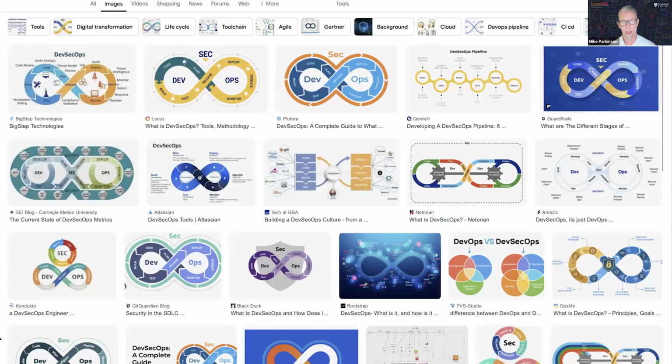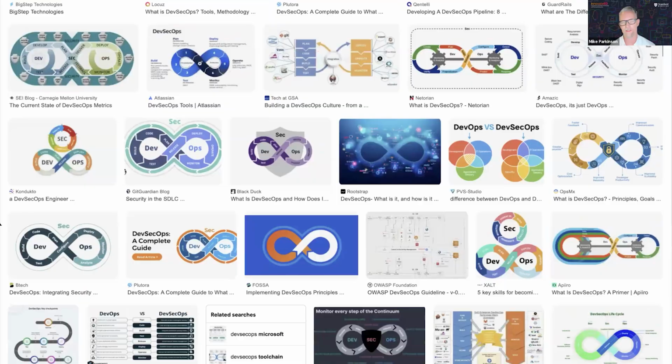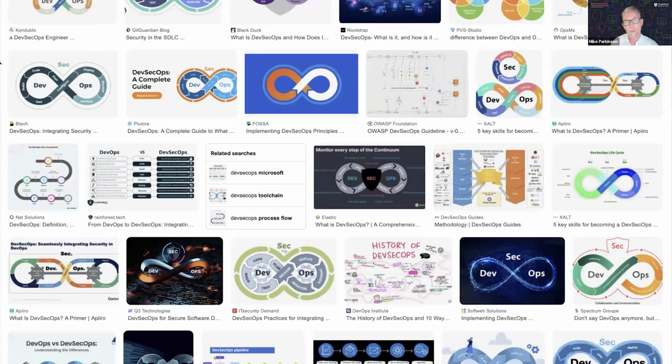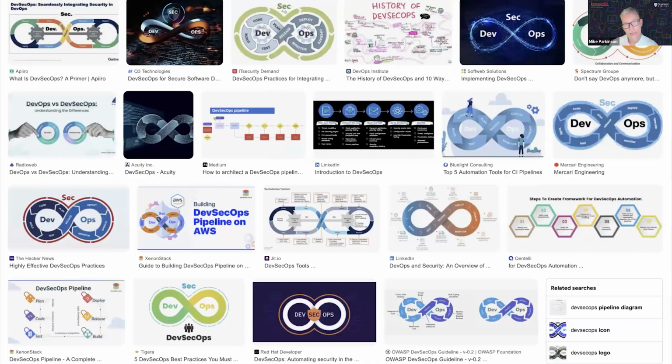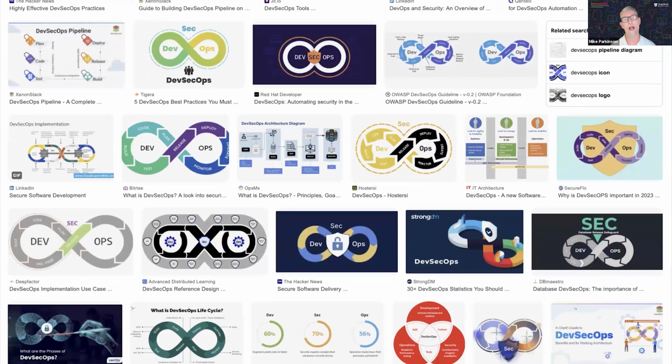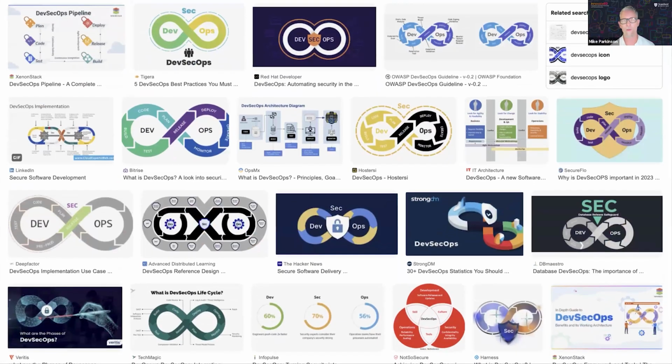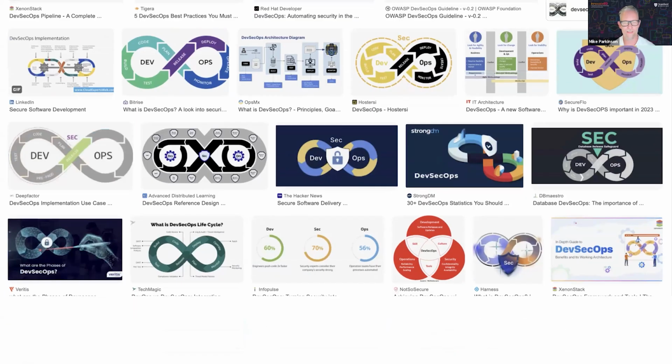This summarizes at its core the interoperability of development, security, and operations working together harmoniously, infinitely. So it's that figure 8 thing. Google knew this. Bing knew this. And if AI tools, some of them are, some of them aren't, were trained off the internet, they too should know this. However, not always the case.